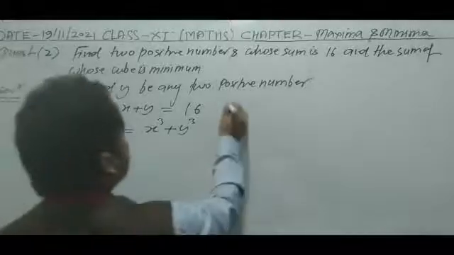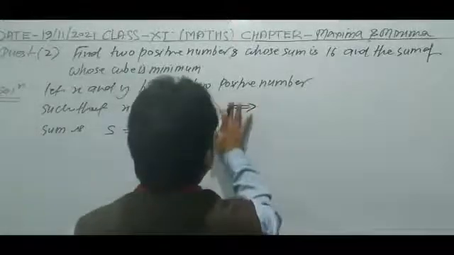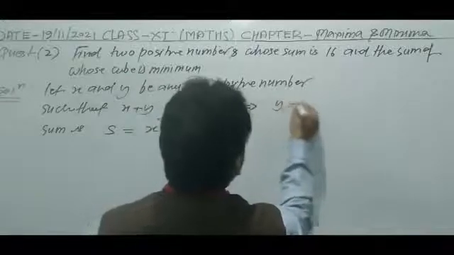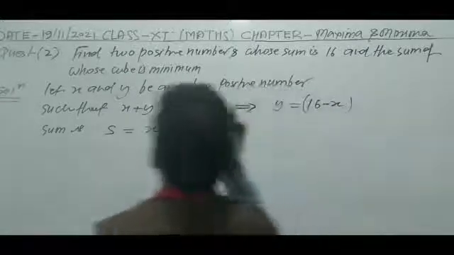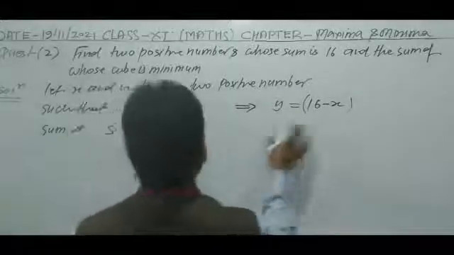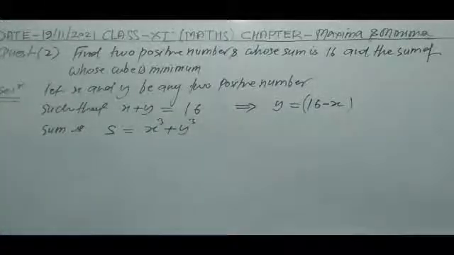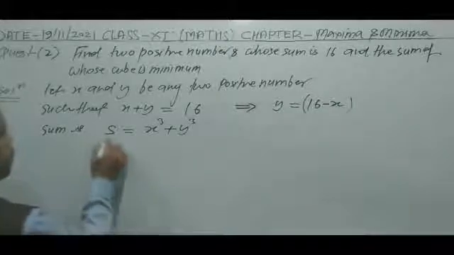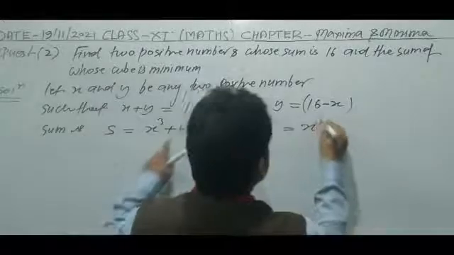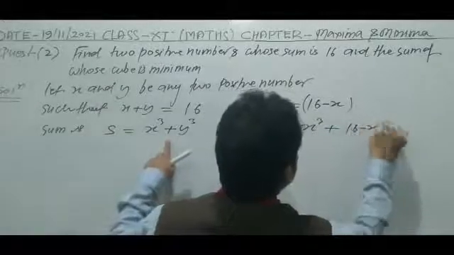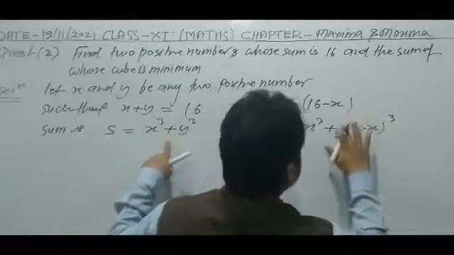Now from this expression, what can we write? The value of y is 16 minus x. And when you put the value of y here, you get S is equal to x cube plus (16 minus x) power 3.